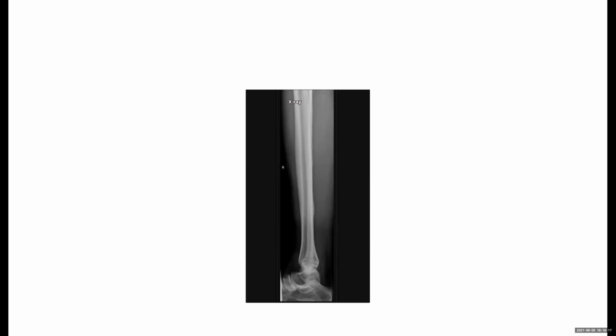I would like to ask the patient if the pain comes at night, and if it goes with salicylate or aspirin, just to be sure of my diagnosis. And actually, he has pain on both legs, and he's an athlete.